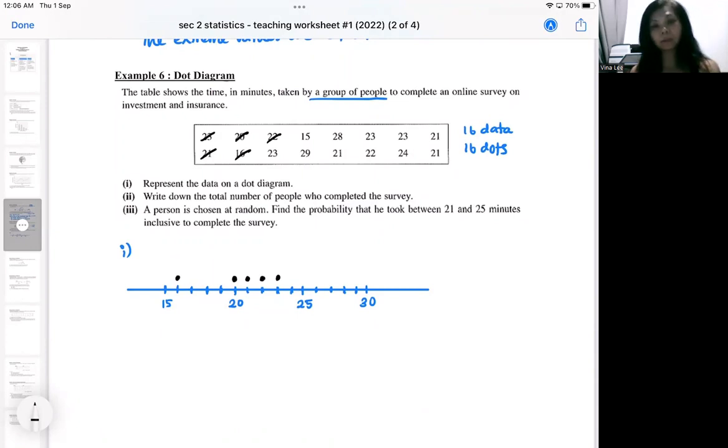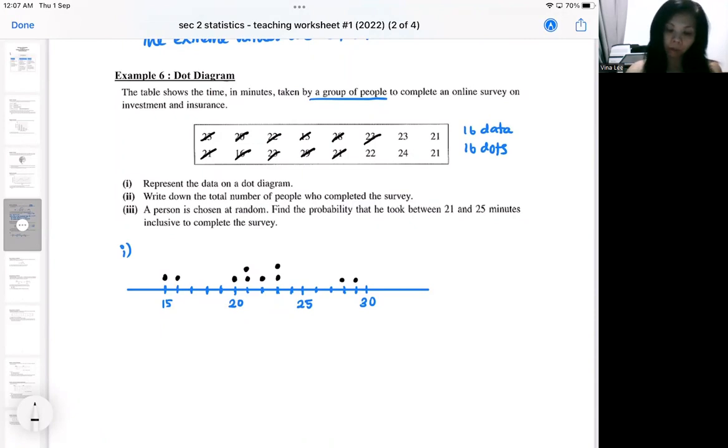So you realize all my first dots are on a straight line. So 23, there's one more dot. 15, here, one dot. 29, one dot. 28, one dot. 21, one more dot. So make sure your second dots are in line.